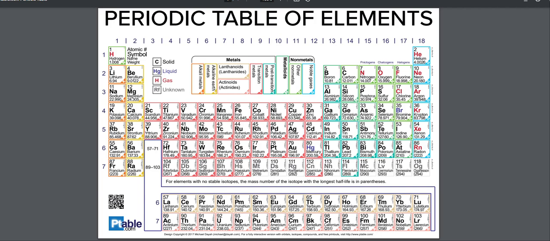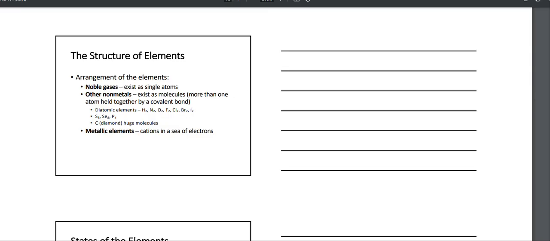So it can be sulfur 8, S8. Just like with O2, there is an S8. Selenium, the same thing. It can exist with many atoms bonded together. Phosphorus is the same thing. It can exist in a tetra format. So phosphorus, for instance, is a tetratomic molecule. This one is a diatomic molecule.